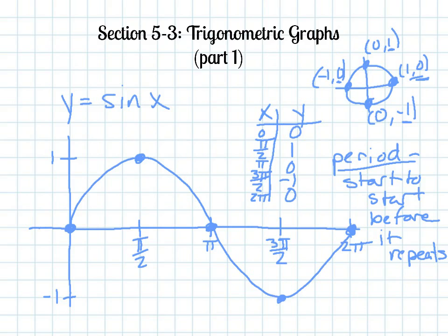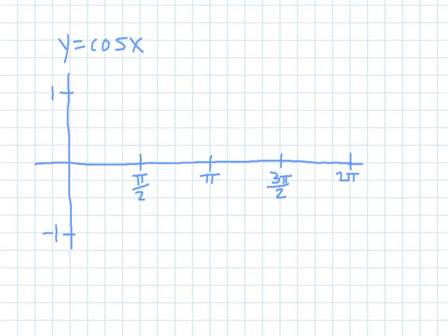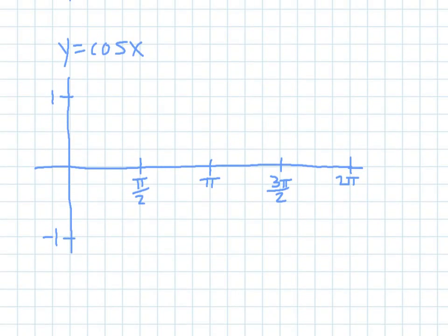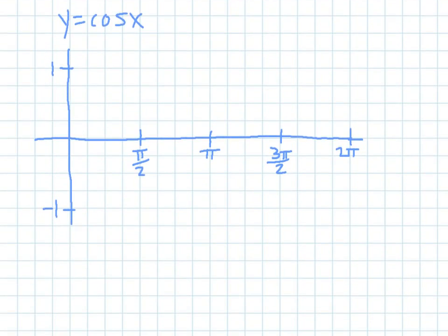So here, let's look at what cosine would look like. So same values, 0, pi over 2, pi, 3 pi over 2 and 2 pi.